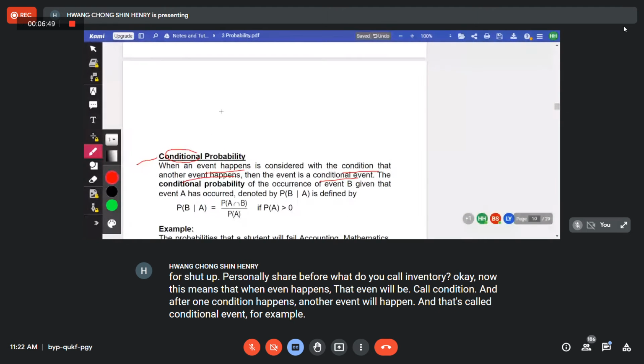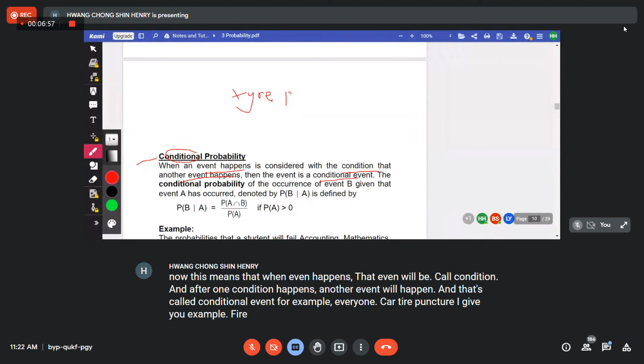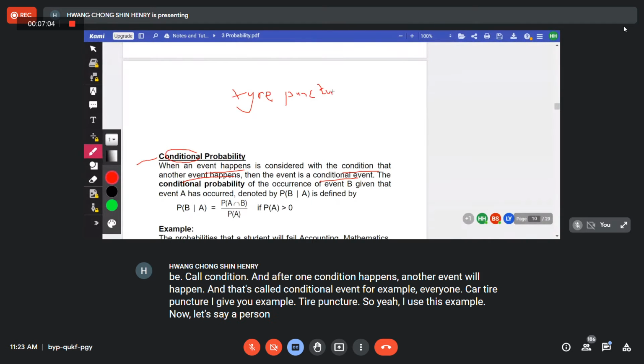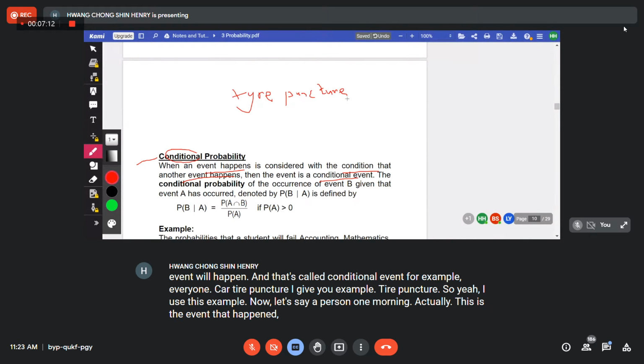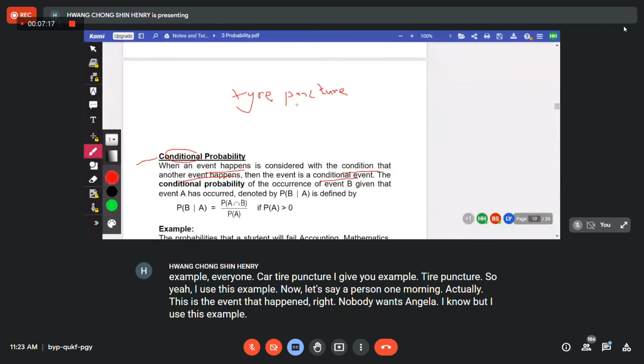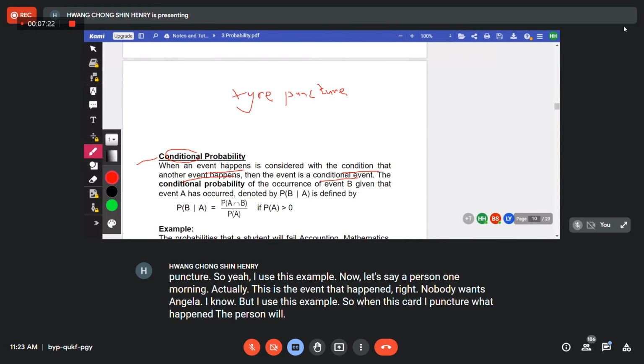For example, car tire puncture. I give you an example. Sorry, I use this example. Let's say a person's car one morning, touch wood, the car tire punctures. This is an event that happened, right? Nobody wants a car tire puncture, I know. But I use this example. So when this car tire punctures, what happened? The person will go to work late, or go to class late, right?